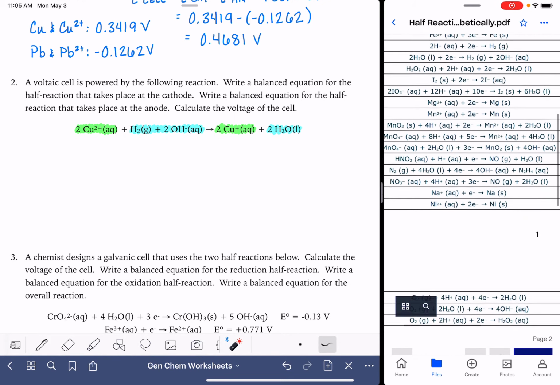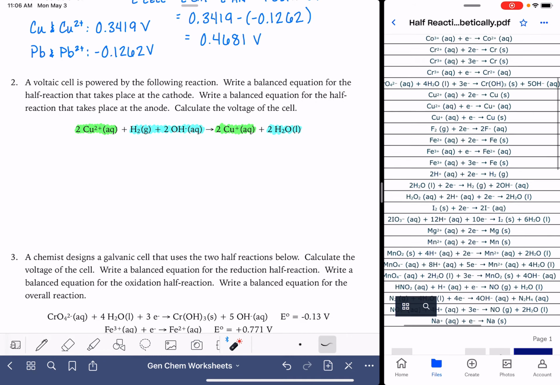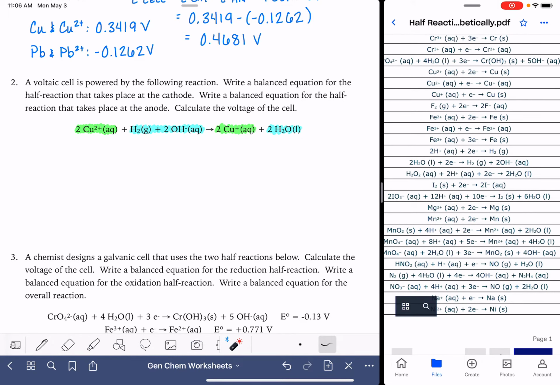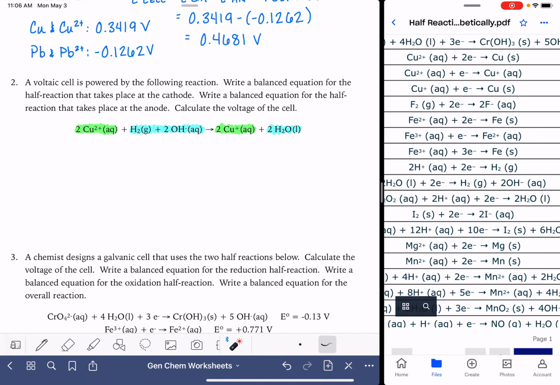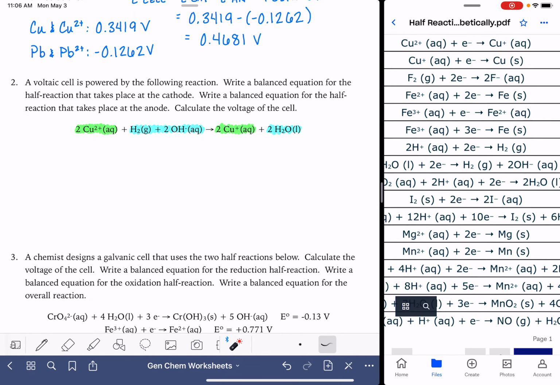What I'm going to do now is go to this table of half reactions and find a reaction that involves copper 2+ and copper +1. Going back to my coppers. So here at the top, here is the copper 2+ and copper +1 reaction.